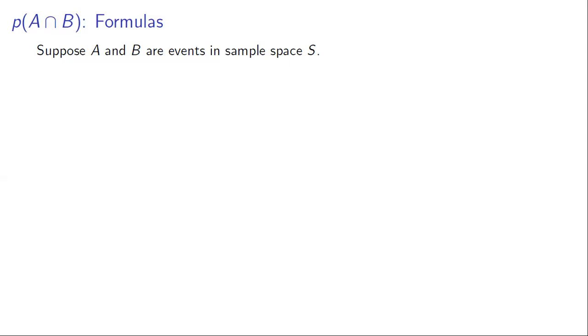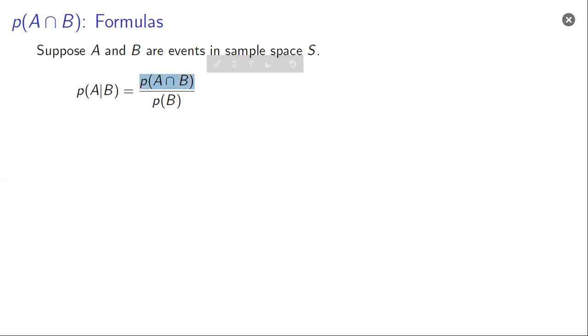So suppose A and B are events in sample space S. We saw just a minute ago that the probability of A given B is equal to the probability of A intersected with B divided by the probability of B. Now what we want to do is really isolate this, because we want to find a formula for it.